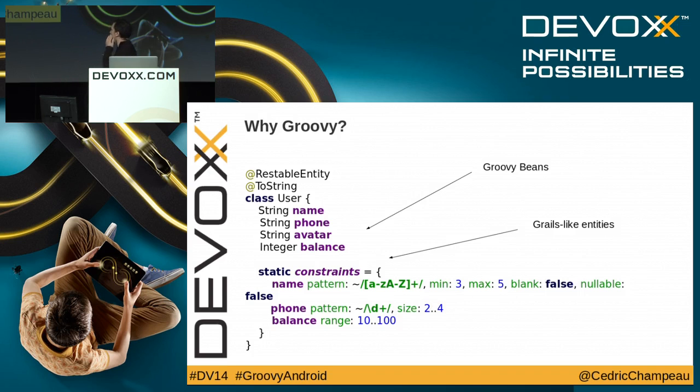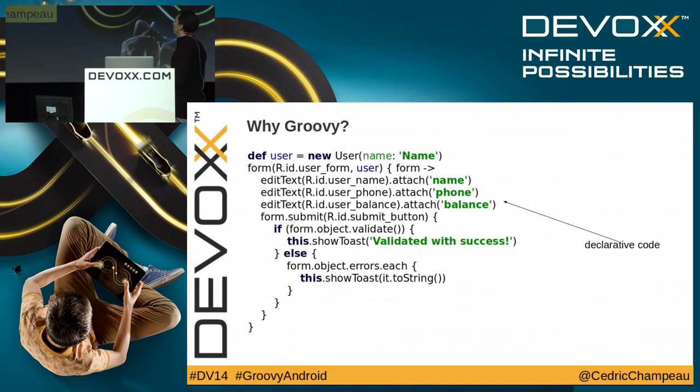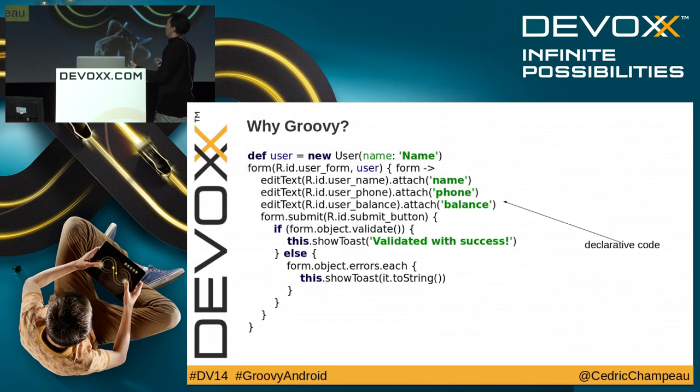And you can define, for example, a pattern saying, okay, the name is a regular expression with a minimal and maximum length. It can be blank, etc. It must not be nullable. Well, you can define some constraints. And then you can write that kind of code, which is declarative code, where you would say, okay, on my form, whose ID is the user form, with the edit text username, I can attach the name.